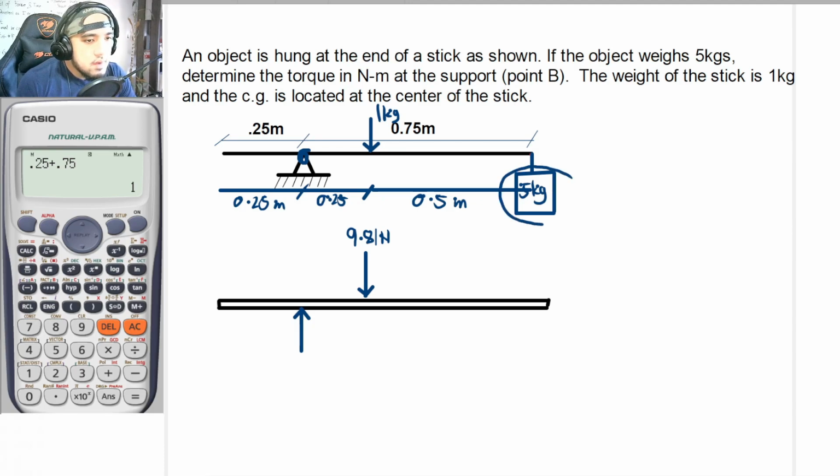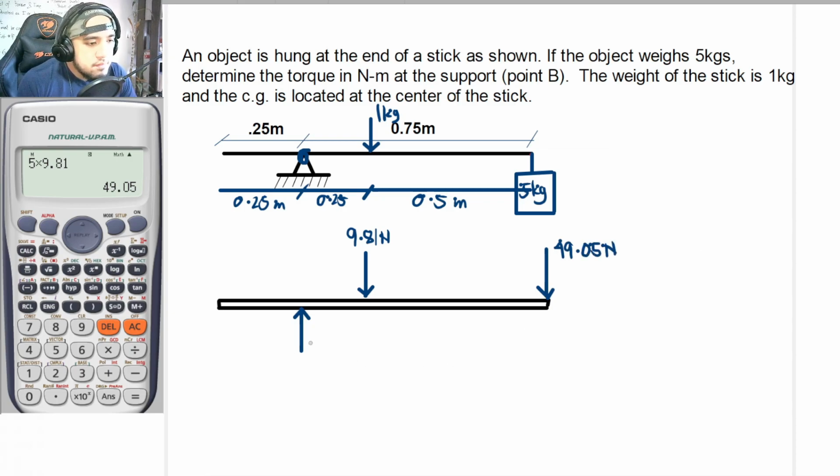Okay, so proceeding. For the 5 kilogram force here, there is also a weight applied here. It would be up to you if you want to place it here or at the top. It really doesn't matter. In this case, the weight of this object is 5 kilograms times acceleration due to gravity, which is equal to 49.05 newtons.